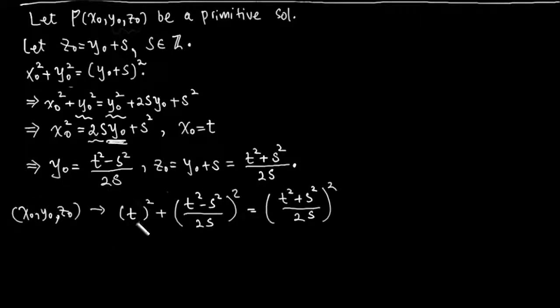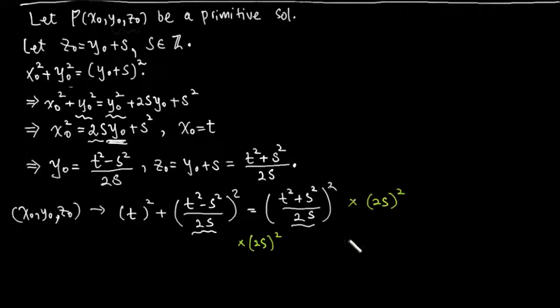We describe the primitive solution using these two integers s and t in this way. Then I'm going to enter a more polynomial-looking equation by multiplying by the denominator, which is here the 4s squared, but you can put it inside the square, so it's still 2s in there. So I'm going to multiply through by 2s squared there.